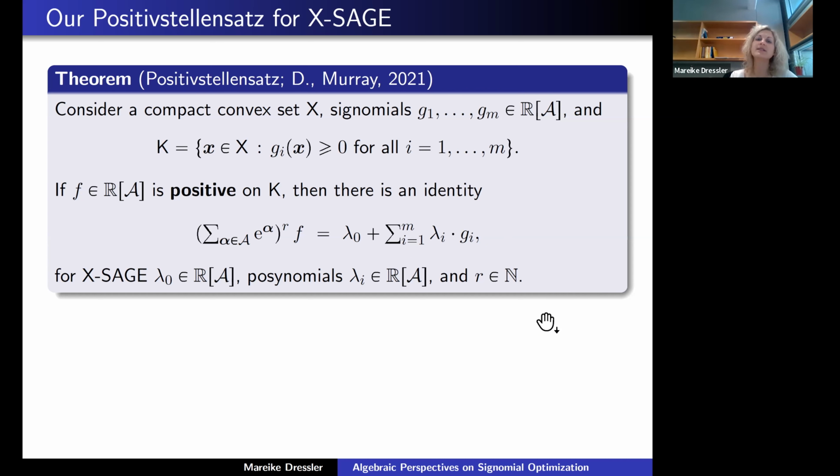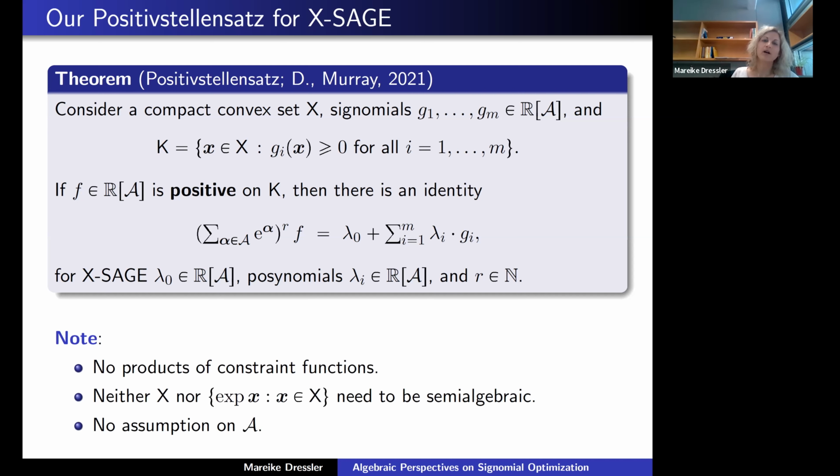And comparing this with previous Positivstellensätze, we can see features here are that we have no products of constraint functions. So the constraining functions here are really linearly involved in this representation. Then also none of these constraining sets, so X or also the g_i, need to be semi-algebraic.